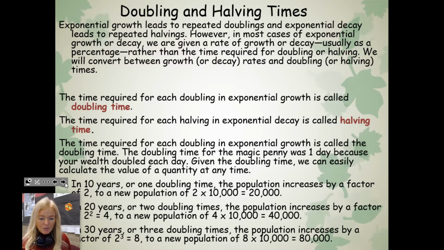We take 2 because 2 is a doubling factor. We take 2 to the second power when 2 doublings have occurred, and 2 to the first power when 1 doubling had occurred. If we have 30 years, that's 3 doubling periods, so 2 to the third, or 8, is our multiplier, and we'd have 8 times 10,000 after 3 doubling times had passed.